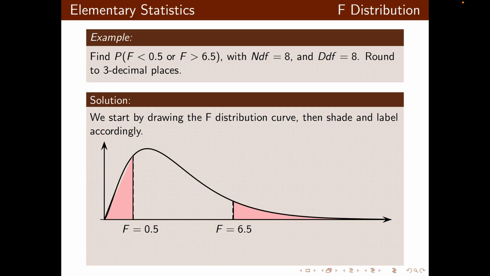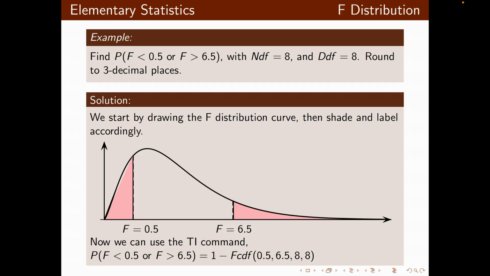Now, since we want the tail areas, we're going to subtract the area that is in between from total probability 1. So that would be 1 minus FCDF. Lower would be 0.5. Upper would be 6.5. Numerator degrees of freedom 8. Denominator degrees of freedom 8. And the answer is 0.181.